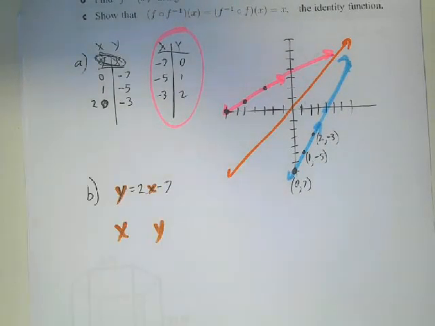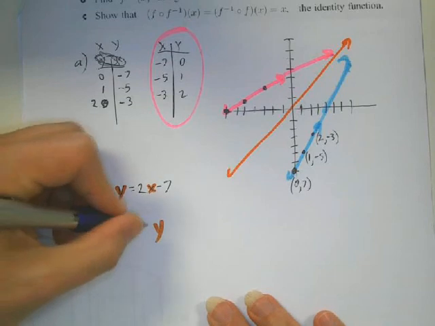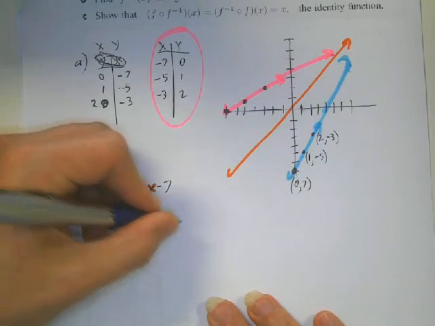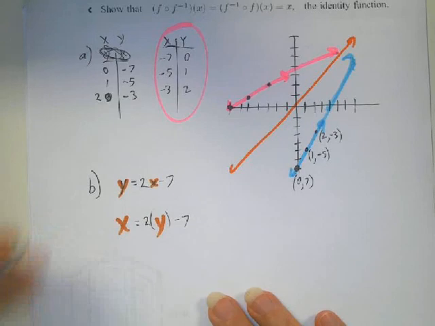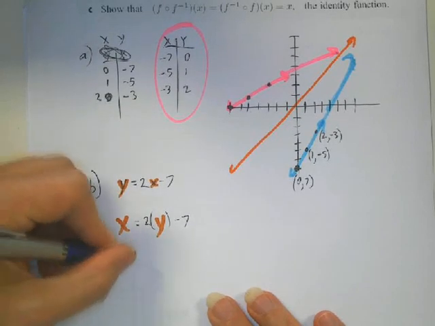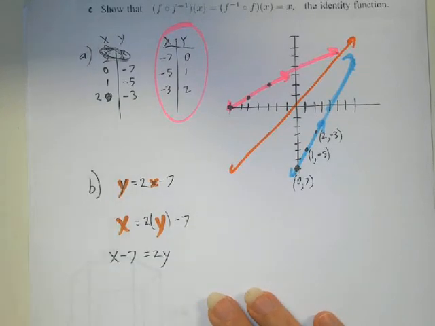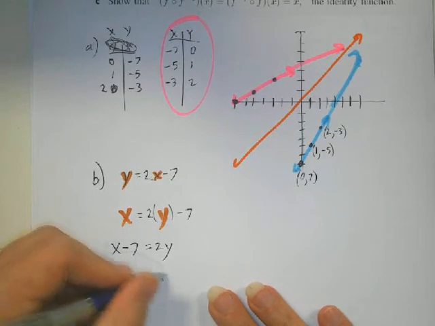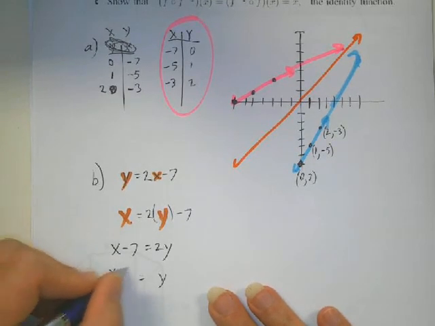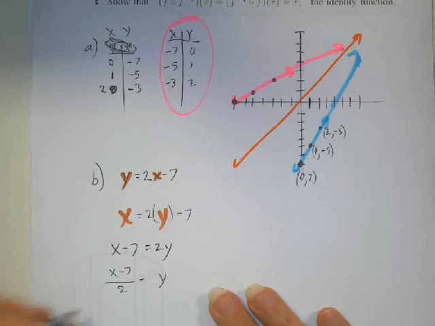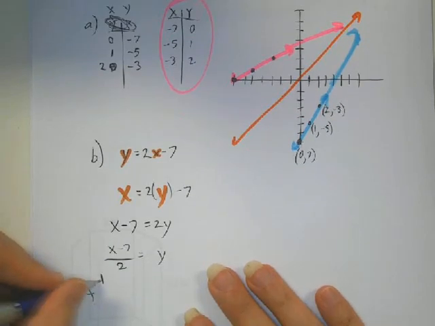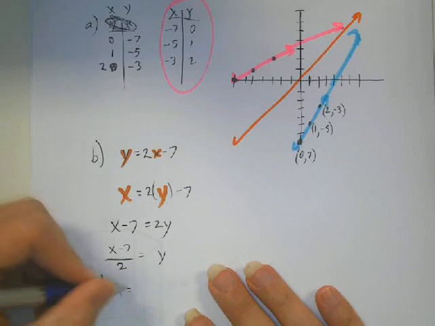And so now I've got x equals 2 times y minus 7. So add 7 on both sides, so x plus 7 equals 2y, and then divide both sides by 2, and I get y equals x plus 7 divided by 2. And we can see our inverse function is equal to x plus 7 divided by 2.